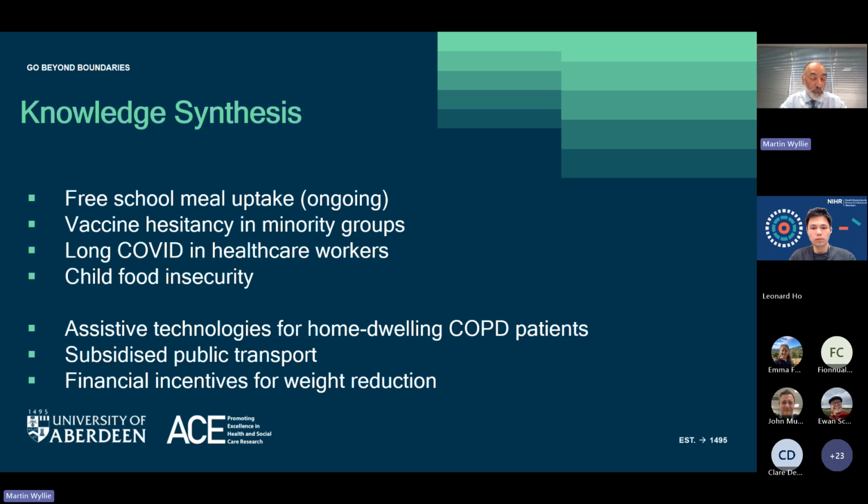Essentially, we'll do any kind of review that somebody's willing to pay us money for. So this is an example of some of the reviews that we've done over the past few years. The first few are ones that we've done as part of the evidence synthesis group. And the last three, the assistive technologies, subsidised public transport, and financial incentives or wage reduction, are ones that I carried out either working for NHS Grampian or for other collaborations I work with.